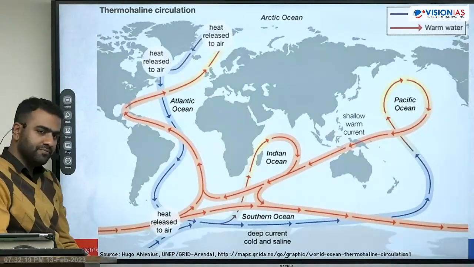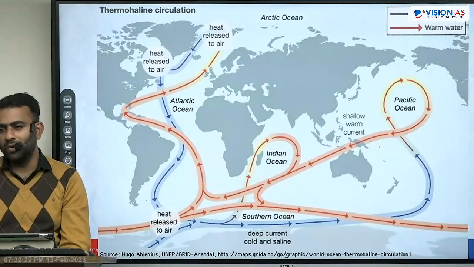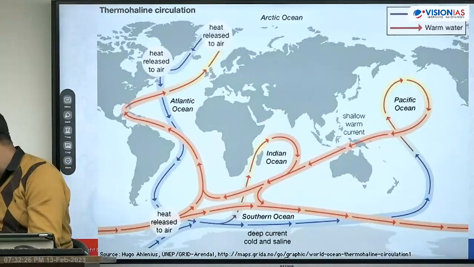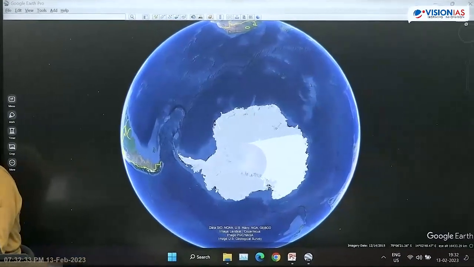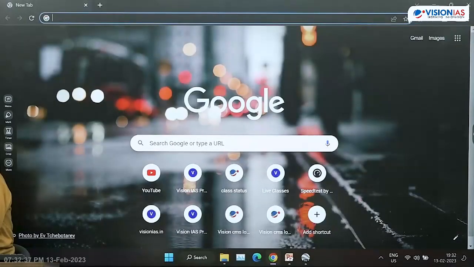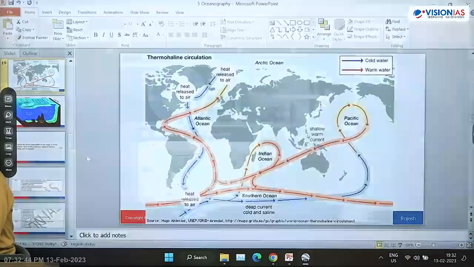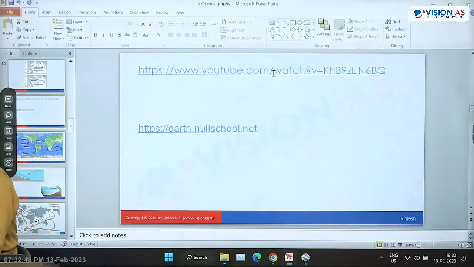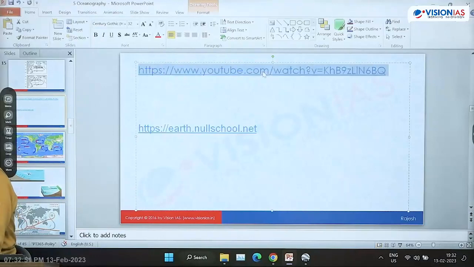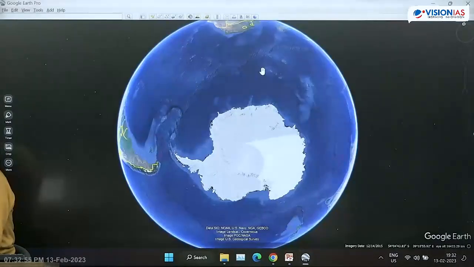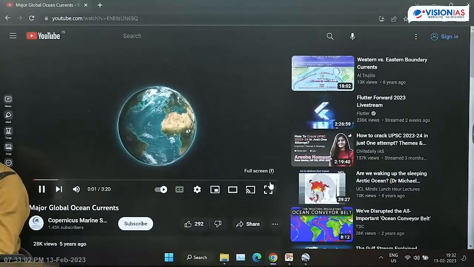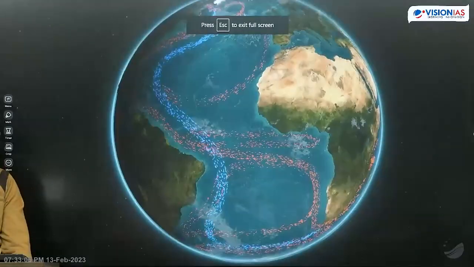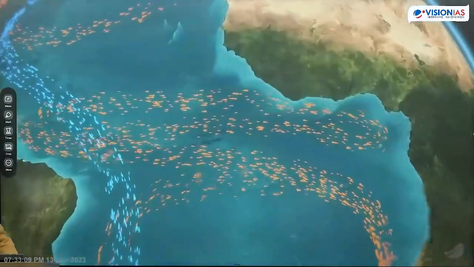So in that video shown earlier, the bottom part, the blue color, that was the thermohaline circulation. So now we can observe the bottom part. The blue color that is moving, that is the thermohaline circulation.